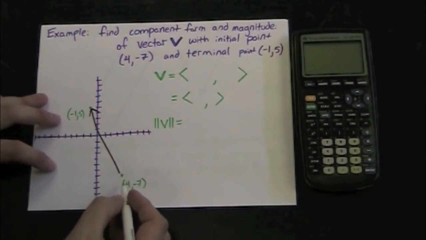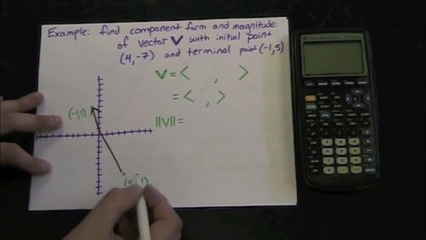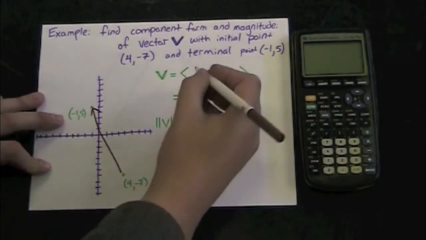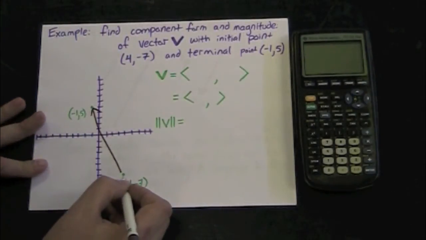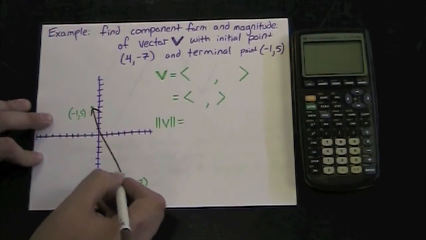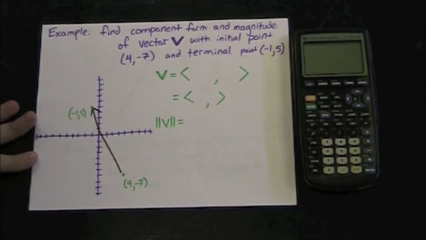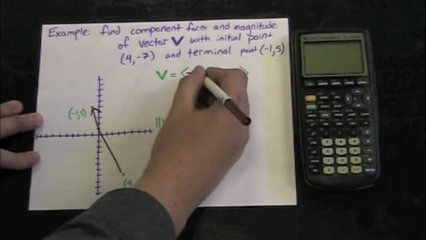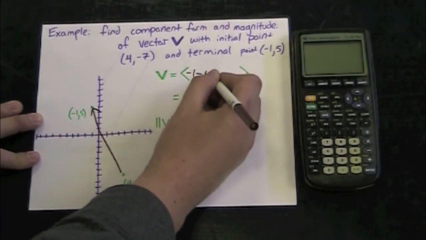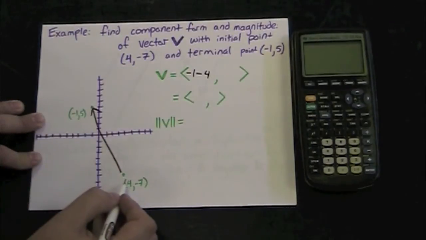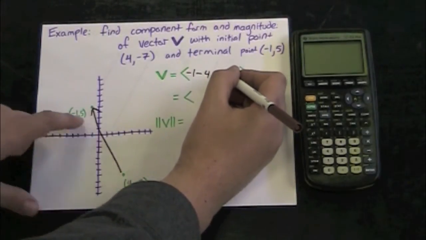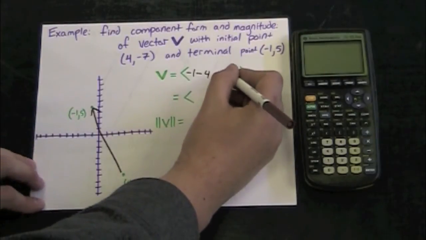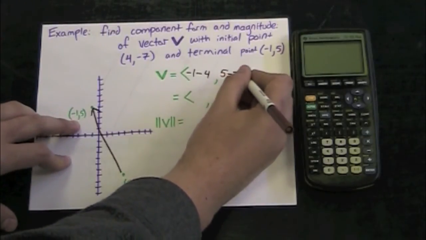Let's start by taking the initial point and subtracting it from the final point. So if we're going from 4 to negative 1, we're going to do negative 1 minus 4, end point minus initial point. And if we're going from 7 to 5, 5 minus 7, end point minus initial point.